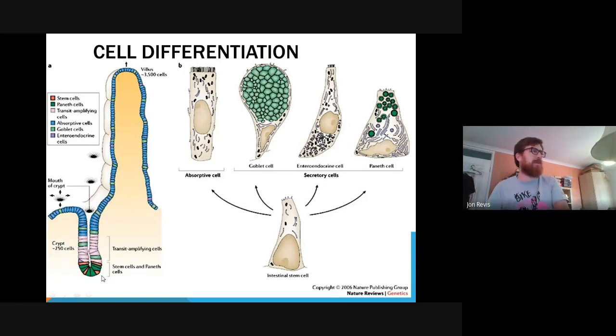These stem cells need to decide what they need to become, and they may become an absorption cell. In the bowel, obviously, that makes a lot of sense. It might be taking back water or broken down macronutrients. Goblet cell we just talked about.